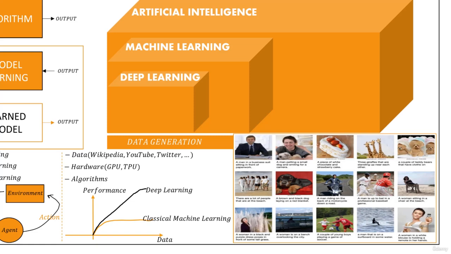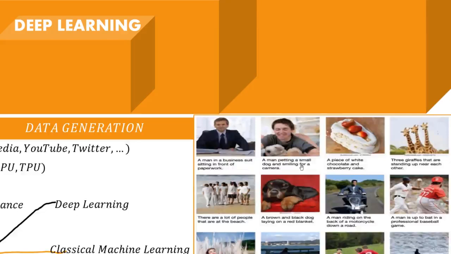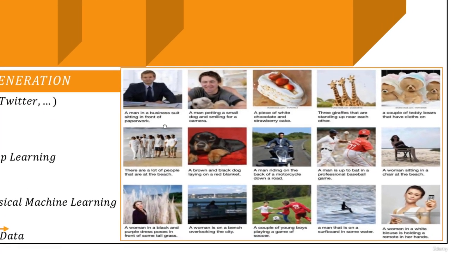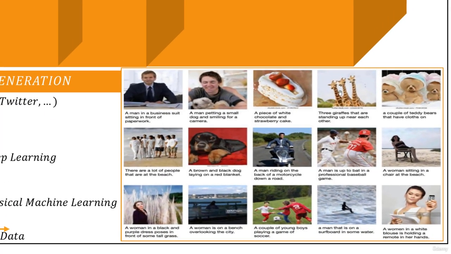The next domain in which we could apply deep learning is data generation. Now, when you look at these different images, what may come to your mind is that you have this image and then this is like a caption. Here we read, a man petting a small dog and smiling for a camera. Here we have a man in a business suit sitting in front of paperwork. But what's interesting to note here is that these are not real images.